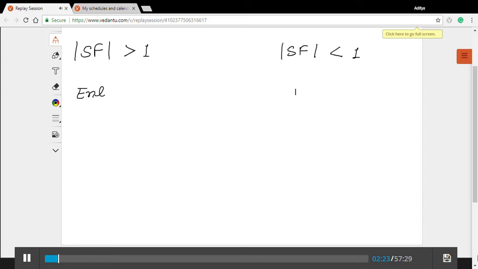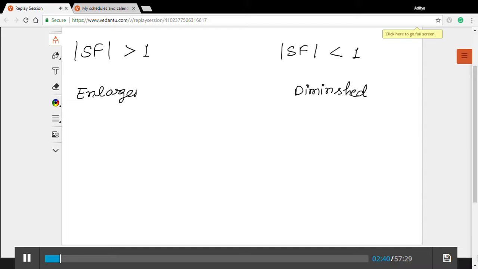It's not enlarged, it basically becomes smaller. It's called diminished, I think this is the spelling. And whenever the scale factor is greater than 1, that's called enlargement.